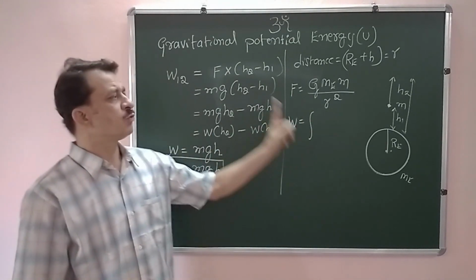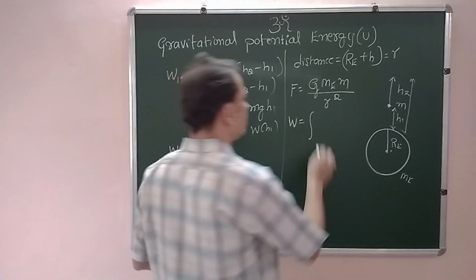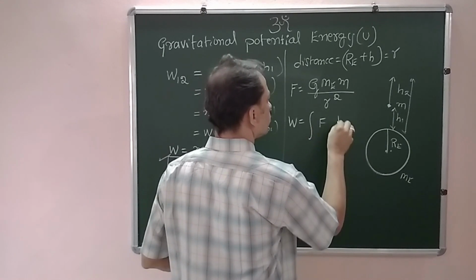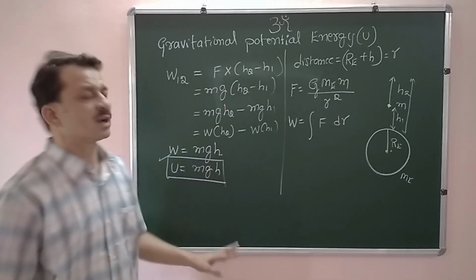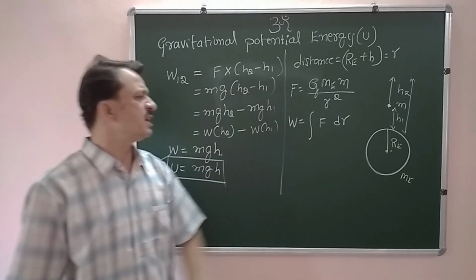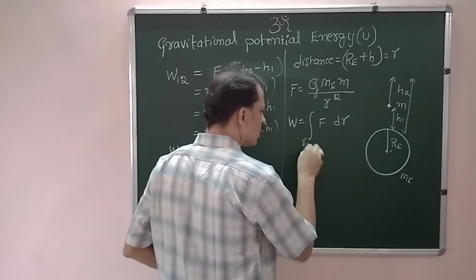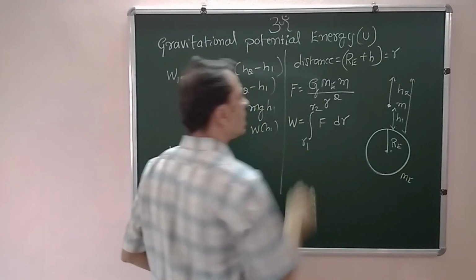Now work done is force into displacement. Therefore we are integrating force with respect to dr, force into displacement. Here we have taken displacement as dr. Now here we have to integrate from r1 to r2.